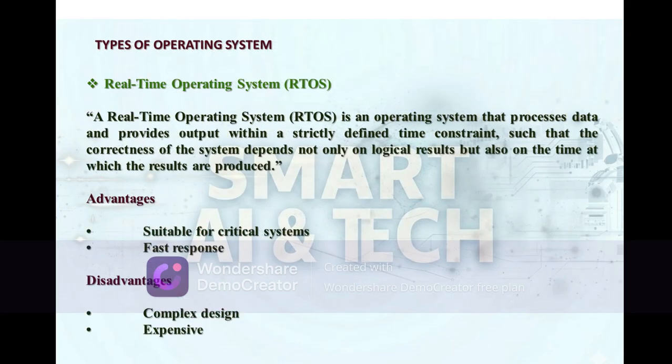A real-time operating system, also known as RTOS, is an operating system that processes data and provides output within a strictly defined time constraint, such that the correctness of the system depends not only on a logical result but also on the time at which the results are produced.